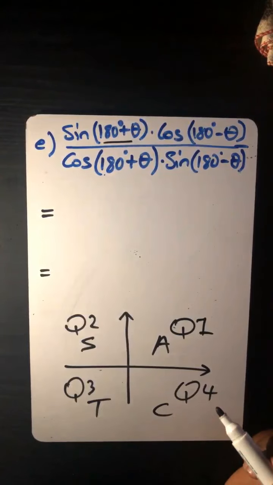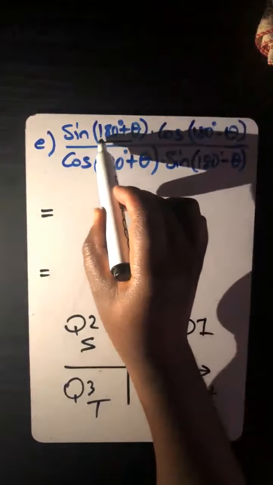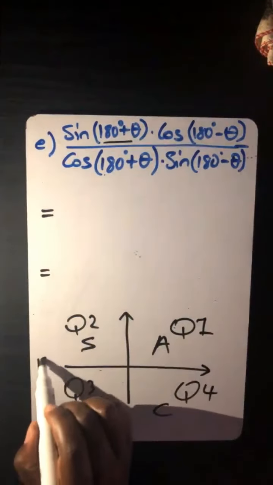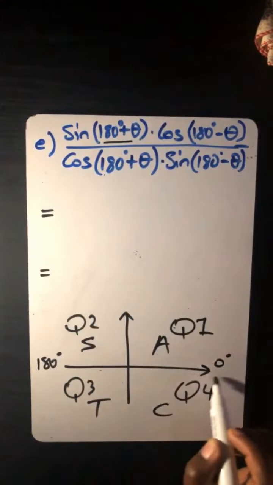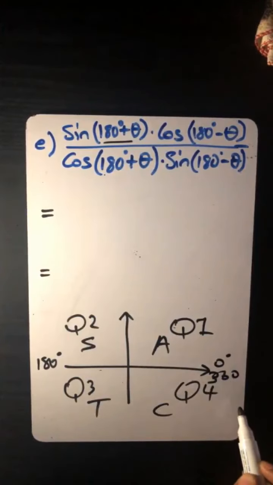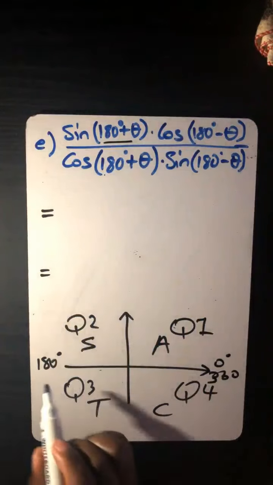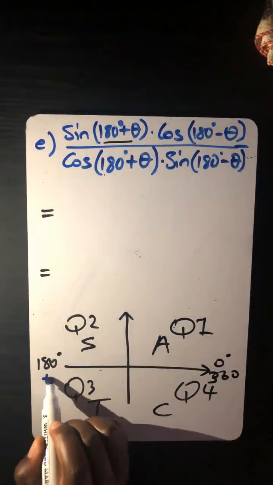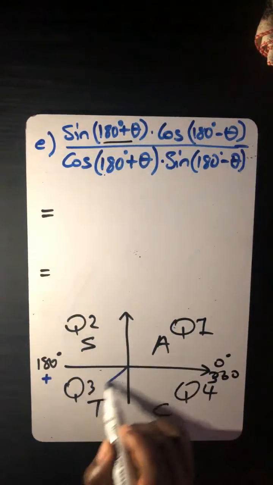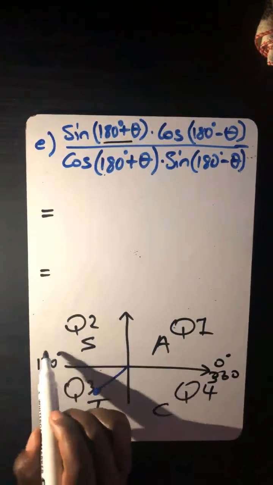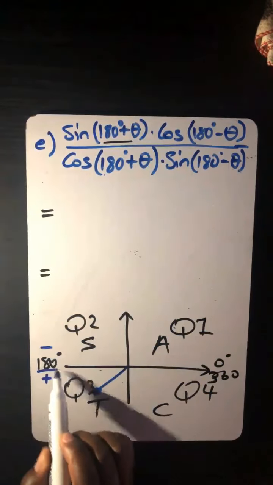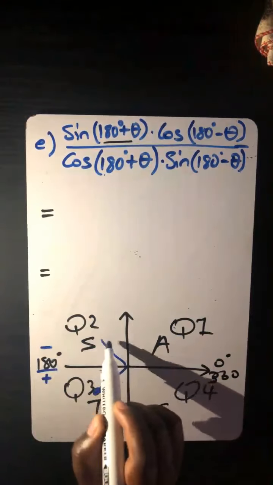So guys, you need to know under which quadrant that angle falls. So obviously we know that the angle is 180 degrees. There is 360 degrees. So for every angle which is written 180 plus, it falls under this quadrant. So it's more like they add a certain angle to fall into this quadrant. So when they subtract, it's like from 180 we go back, then we fall into that quadrant.